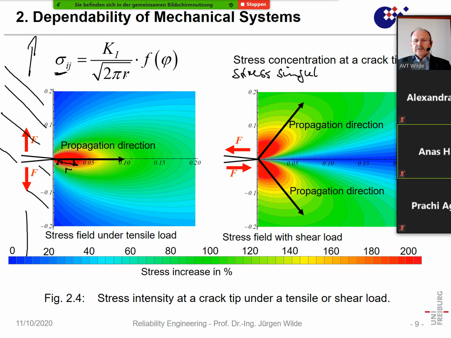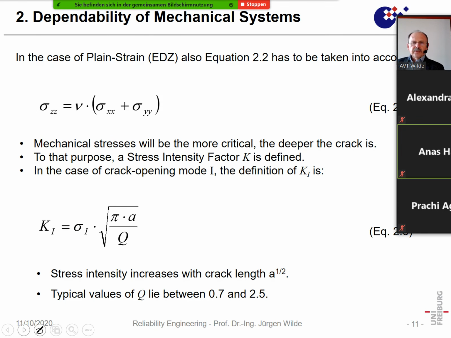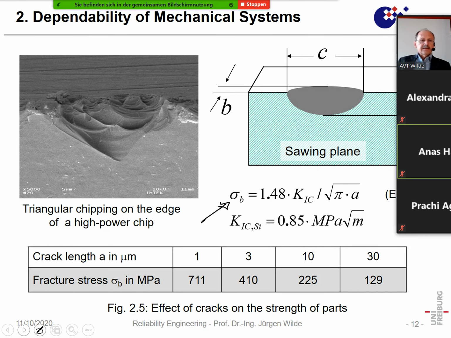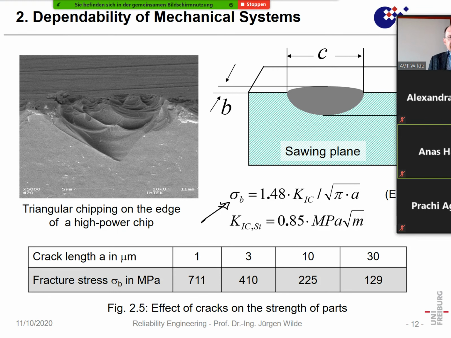So we have this stress concentration, and it also can be described by the so-called Sneddon equations. Okay, let's go into a little more detail of this. For instance, that is an example of one of my PhD students.